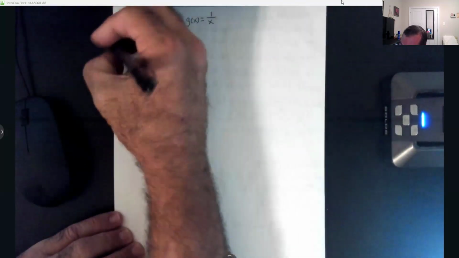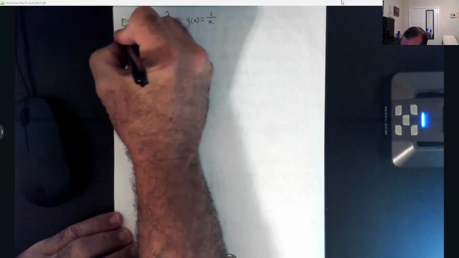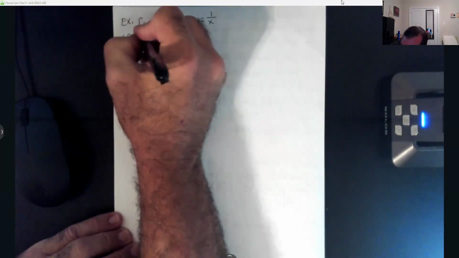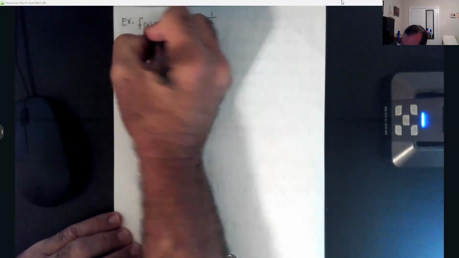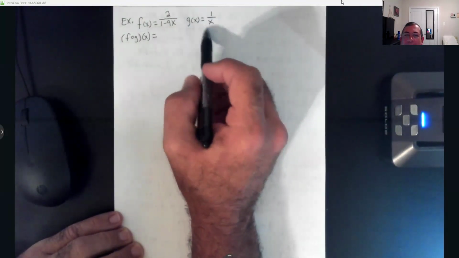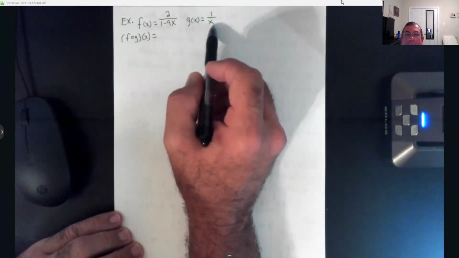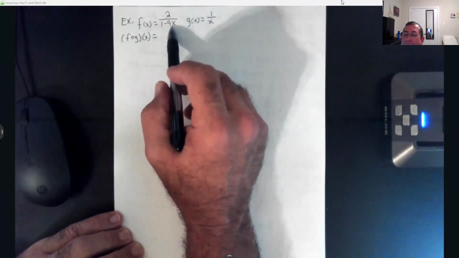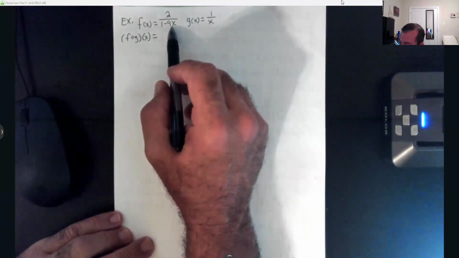So let's play with f of g first. F compose g of x. So remember, I'm going to put this g function, 1 over x, in place of that x on the f function.